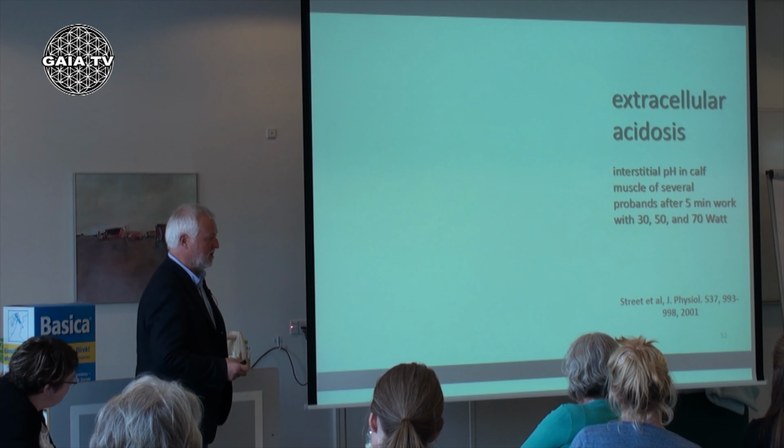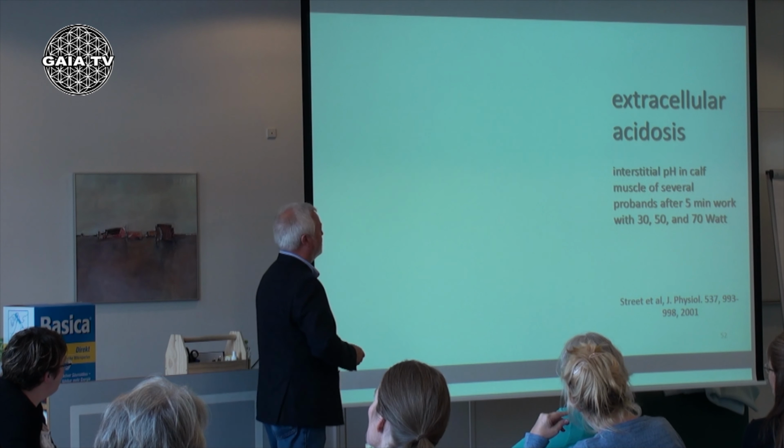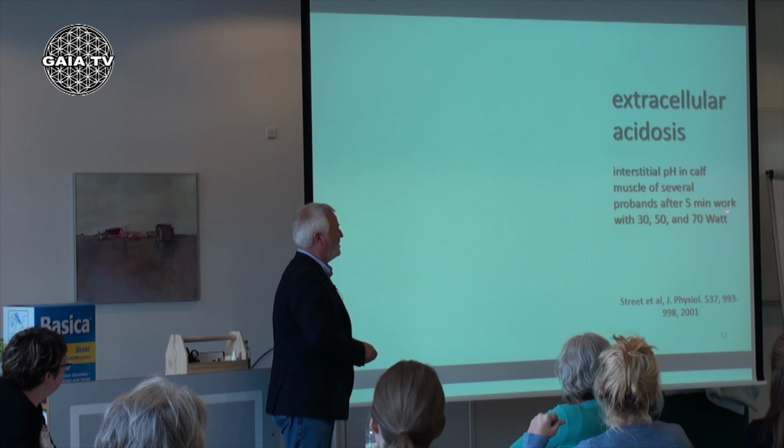Again, this was quite heroic, because the calf muscle for that must be perfused with a pH-sensitive dye. Well, you can't do this with a patient. This is simply not possible, but with students you can do that. And then the students had to bicycle on an ergometer with 30, 50 and 70 watt, and the extracellular pH was measured, and you see it here.